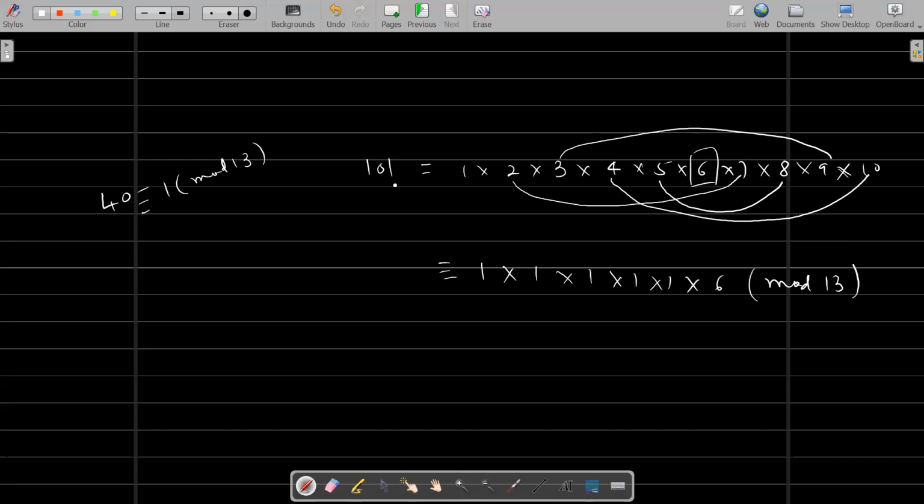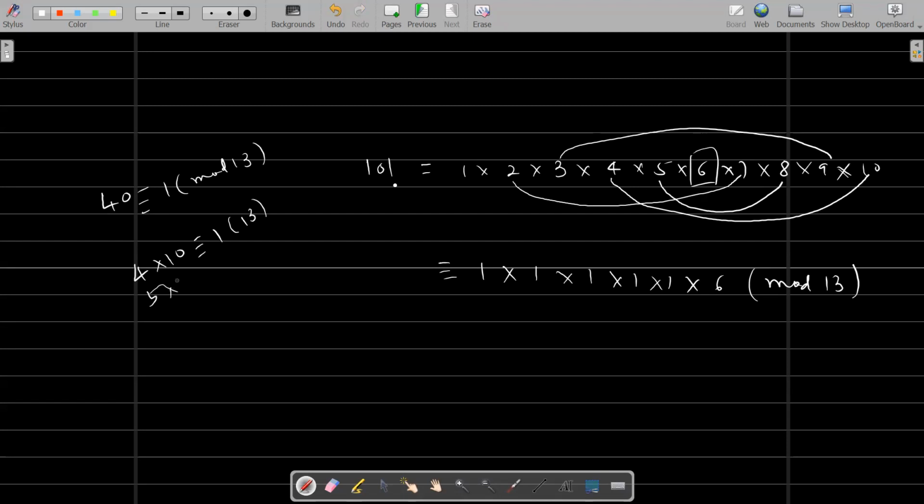These are called inverses. Like, for example, in our regular numbers, the inverse of 2 is 1 by 2, so 2 into 1 by 2 is 1. So we say 1 by 2 is 2 inverse. On the same lines, in modulo 13, I'll say 10 and 4 are inverses. So 4 into 10 is 1 modulo 13.